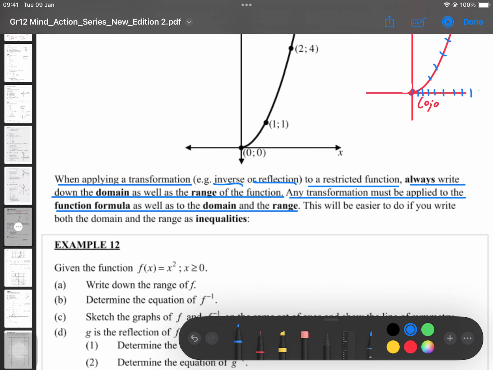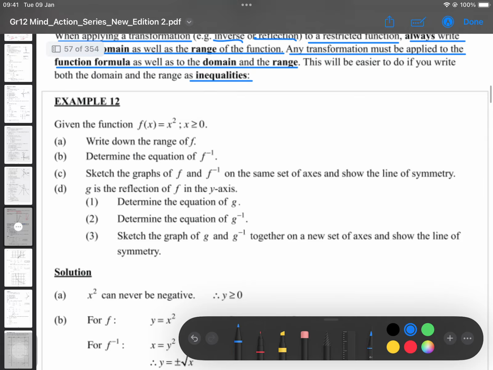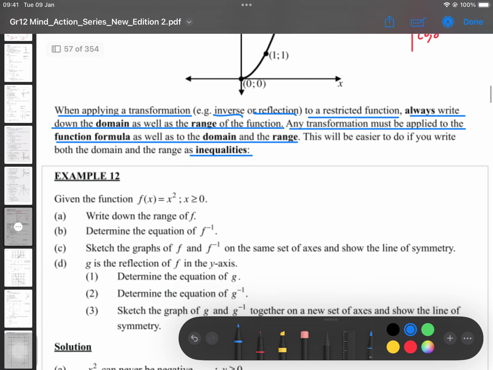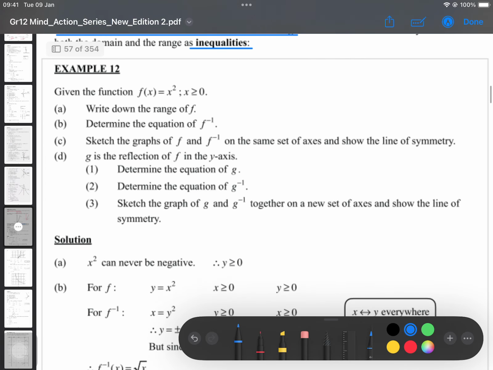So apply all of these things to both the domain and range, and not just the function. This will be easier to do if you write both the domain and range as inequalities. For example, let's do this example and see what they're talking about.